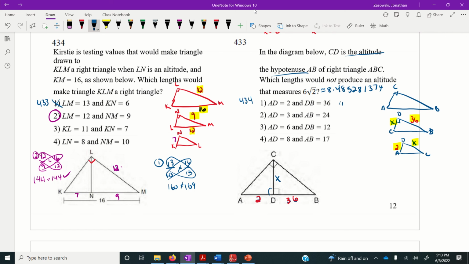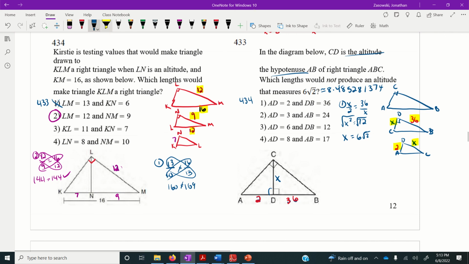So for choice number 1, X over 2 equals 36 over X. We cross multiply, we get X squared is equal to 72. And then when we take the square root of 72, let's make sure we get that same decimal. Okay? And guess what? We do. This is equal to 6 radical 2 because it's equal to that crazy decimal.